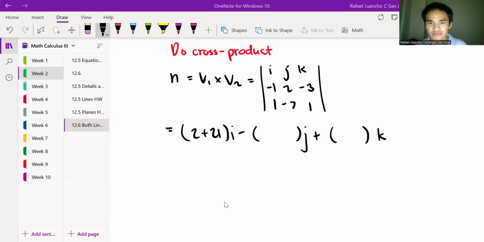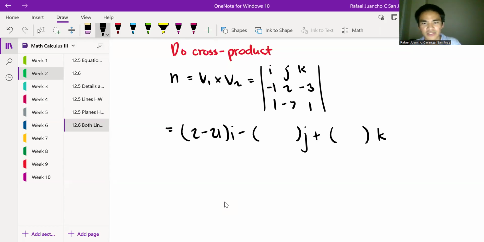Hopefully not. I think I messed. No, I didn't. Okay, let's just trust the process, see if it works. Wait, let me double check real quick. So we have negative 7, negative 3, positive 21. Oh, so this is negative 2 times 1. Yeah.